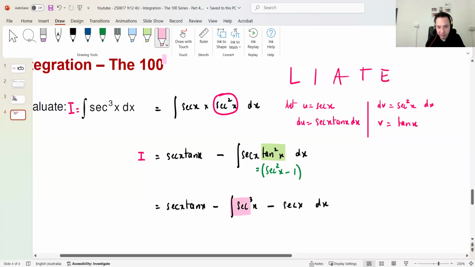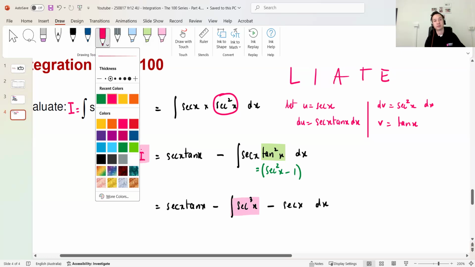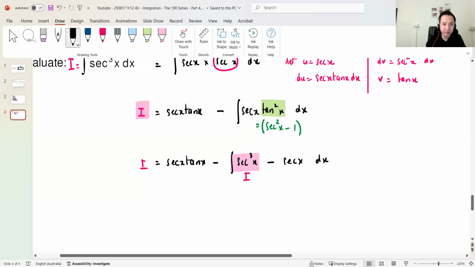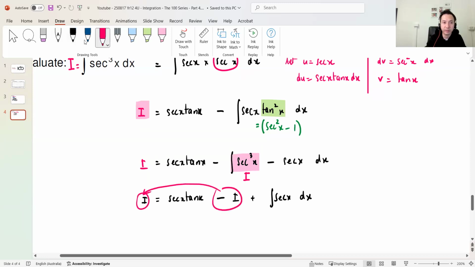So that, if I expand it, this guy here is I. And when I expand it all, it becomes I equals sec x tan x minus I plus the integral of sec x dx, which is good because I'm going to now combine these two over here.